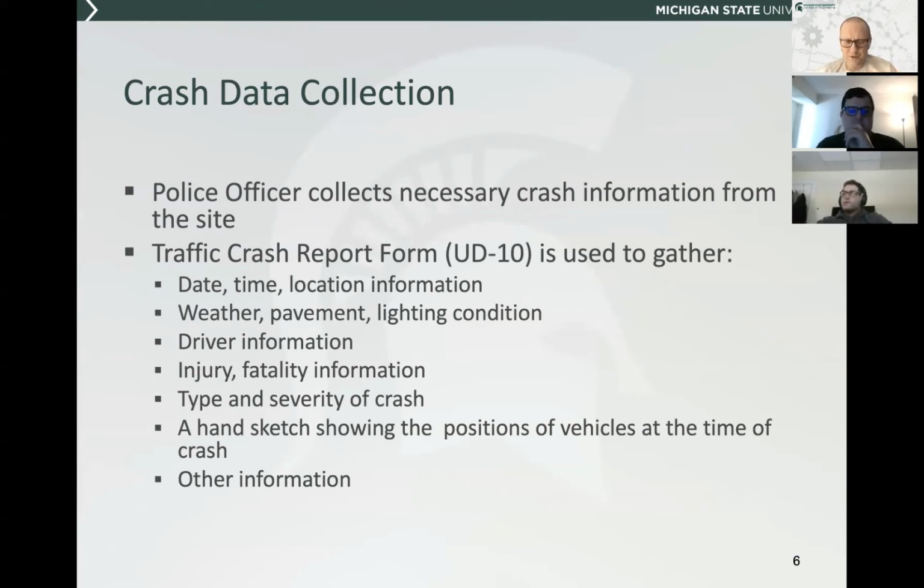So the location information, in addition, date and time information, why would that be important? So why are we interested in when the crash occurs? I could see why time could be important if it's late at night or early in the morning, or a peak hour crash or something.